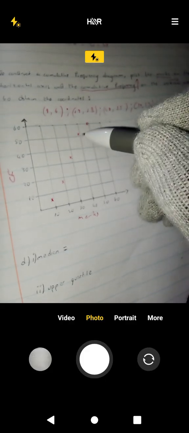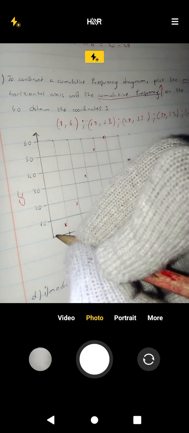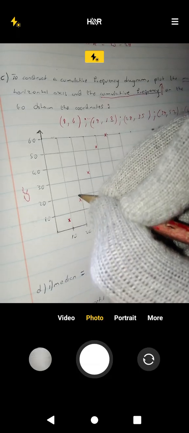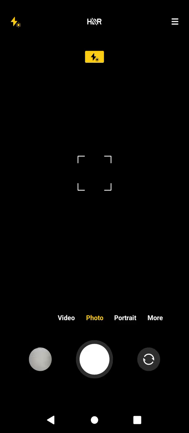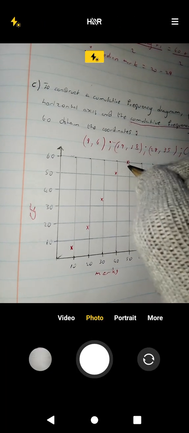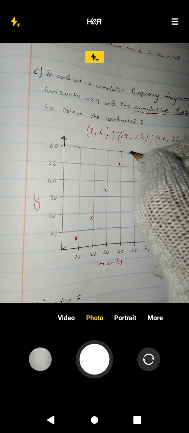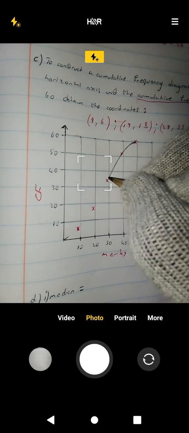So after plotting your points, you draw a cumulative frequency curve. It shall be a curve, not a straight line. So we have this kind of a curve. Try to practice drawing curves because it's kind of tricky.